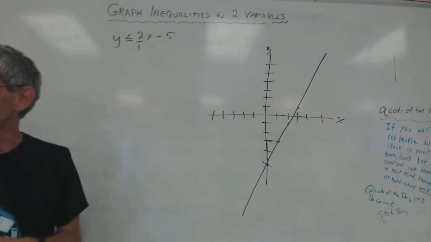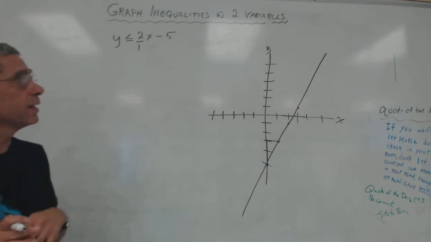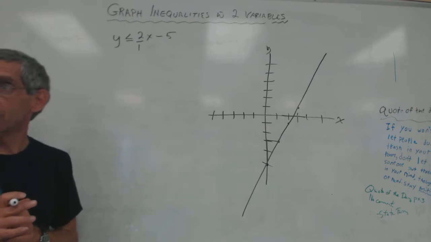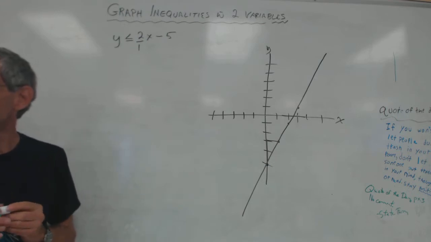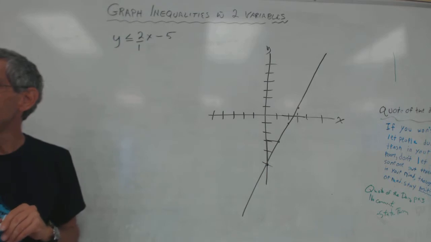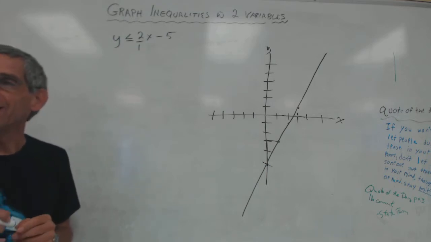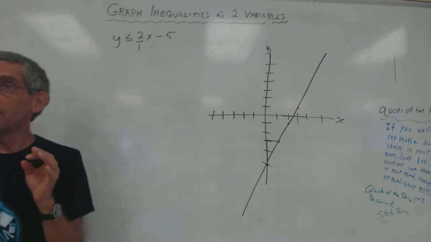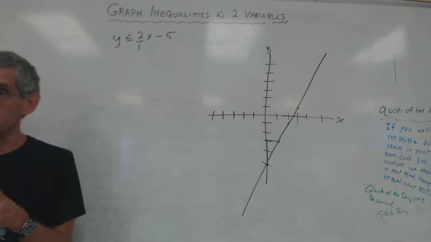It doesn't always work that way. Technically, if it is in slope-intercept form, it does look that way, but they're not all going to be in slope-intercept form. So I'm going to show you the method that always works, okay?